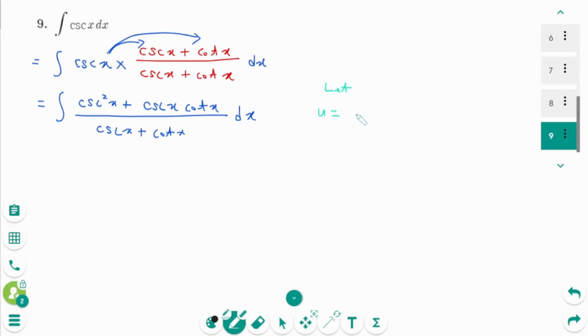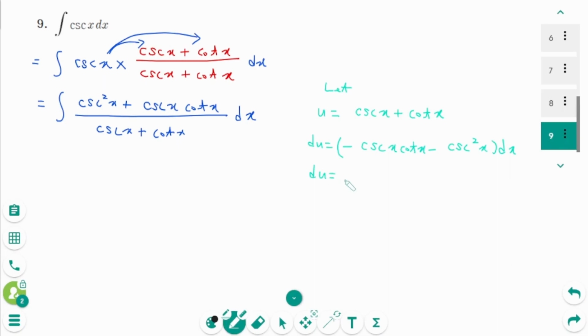Let u equal cosecant x plus cotangent x, differentiate each side, du equals minus cosecant x cotangent x minus cosecant squared x dx.